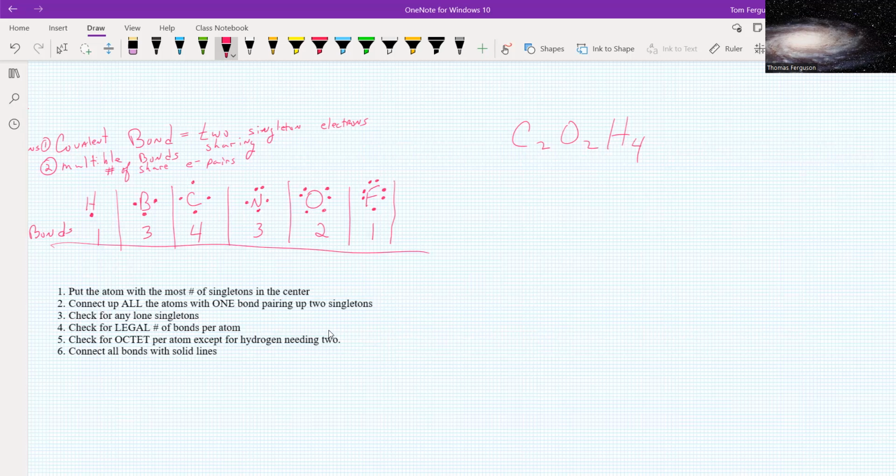You got a cyclic structure going here, which is fine. What's wrong with this now? We need a singleton here somewhere.